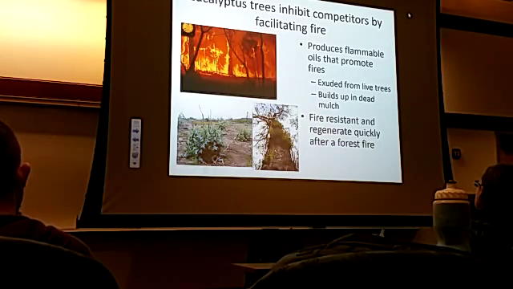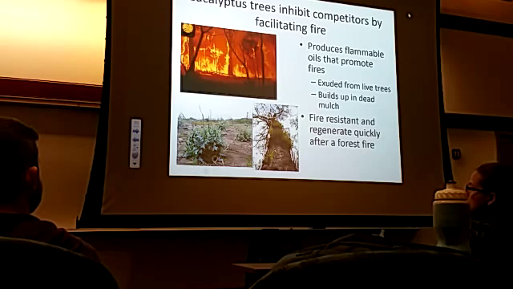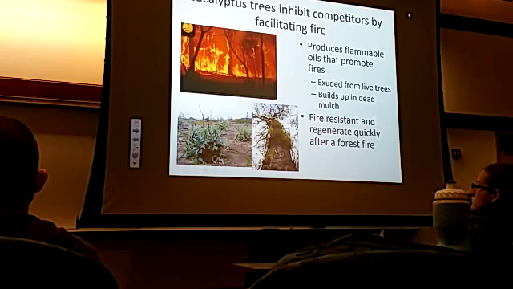And then we have fire, which can be indirectly done through allelopathic chemicals, because some plants produce chemicals that promote fire, and if the plant that produces the chemicals that promote fire is itself fire resistant, then it's got a competitive advantage.